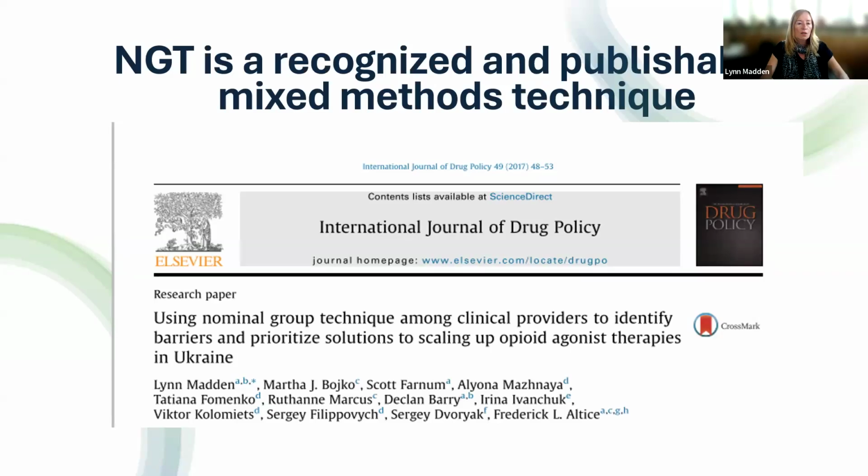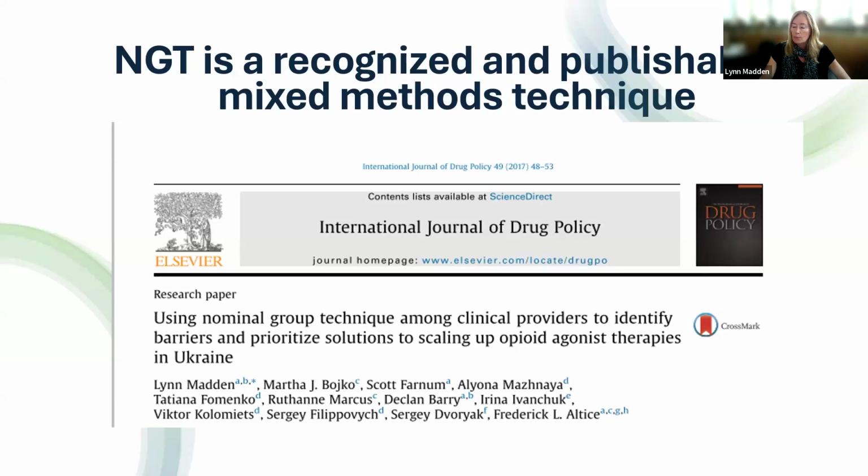I just want to say that nominal group technique is a recognized and publishable mixed methods approach, right? Here's a paper that a team that I'm a member of did in 2017, published in the International Journal of Drug Policy. If you go to PubMed and you query nominal group technique, you will get papers from all over the world, right?